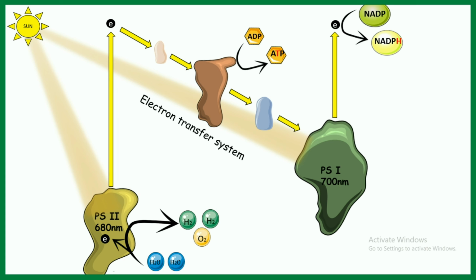Meanwhile, when the electron jumping out of PS2 travels to PS1 through the electron transfer system, some amount of its energy is taken away by an ADP molecule which gets phosphorylated into ATP as the electron moves through the electron transfer system. By this process, the two high energy molecules of light reaction of photosynthesis, that is NADPH and ATP, are synthesized, and at the same point of time one of the major byproducts of photosynthesis, that is oxygen, is also produced.